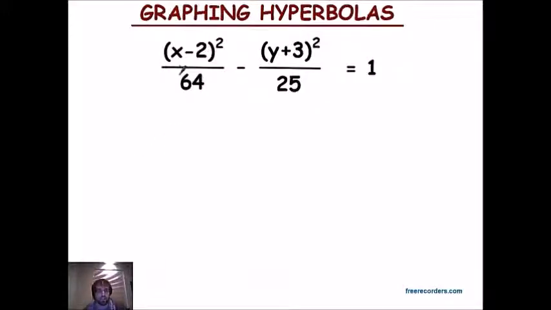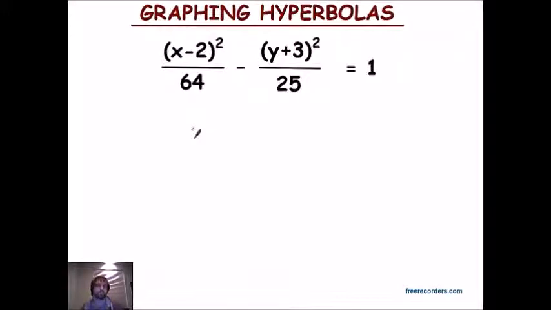So in general, here's our general formula. You're going to have x plus a number squared over a number, minus y plus a number squared over a number. Or it could be the y portion out in front, and that will determine which direction this graph is going to open.